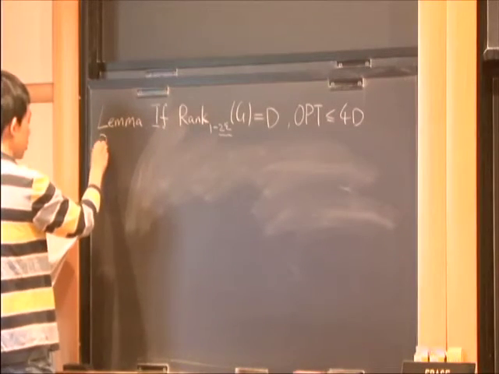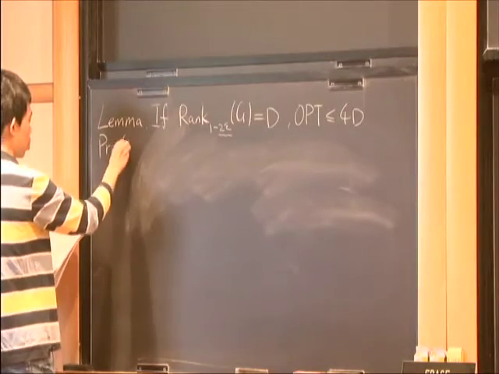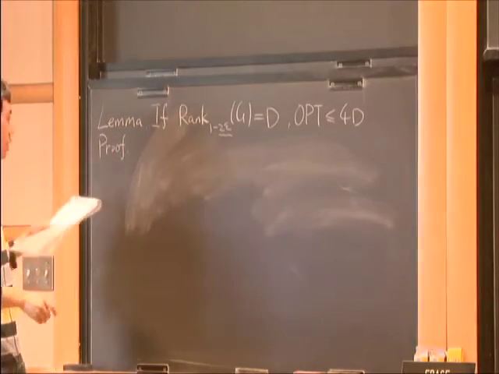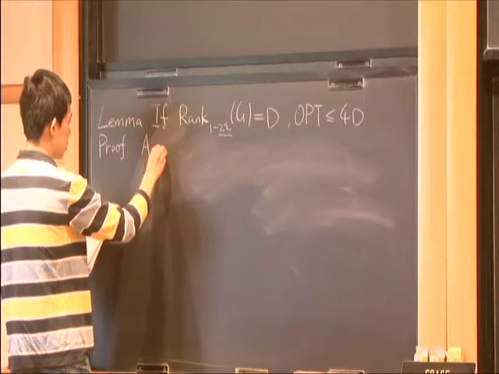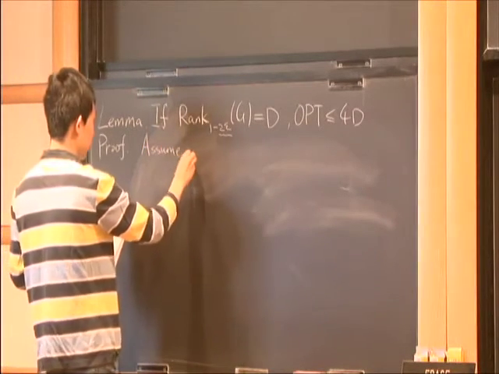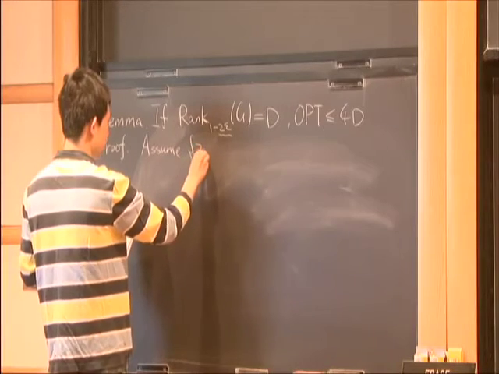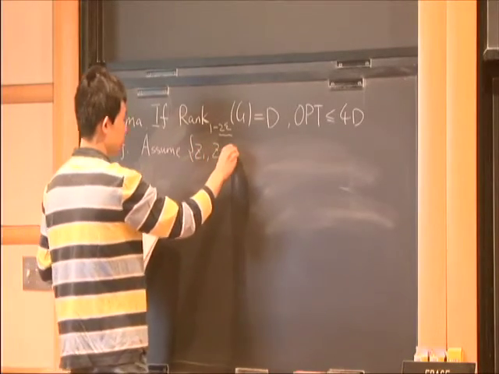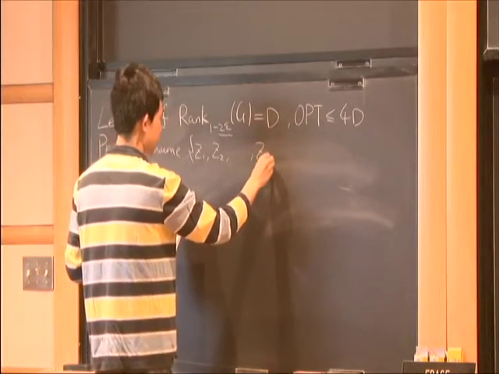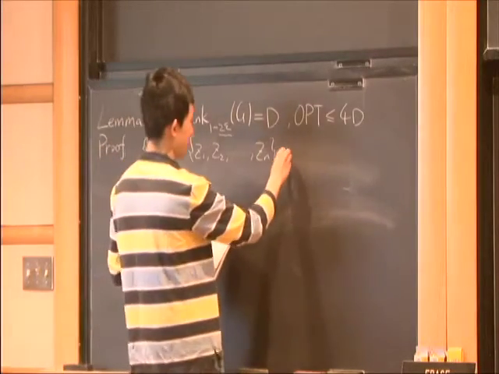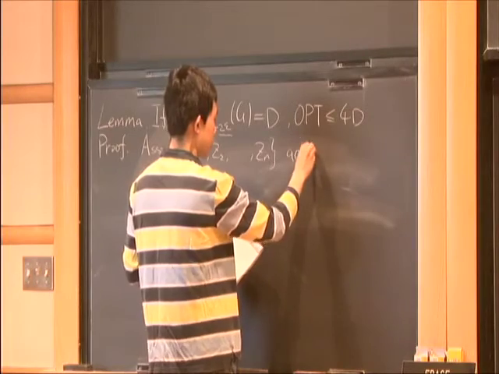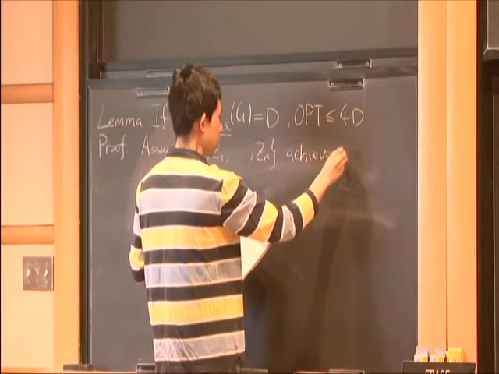The proof is kind of similar to that. Let's assume that we have this set of vectors z_1, z_2 to z_n, such that they achieve opt.